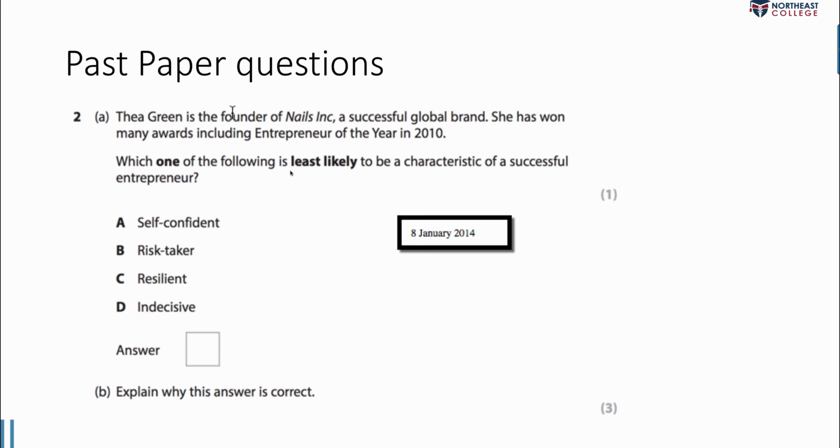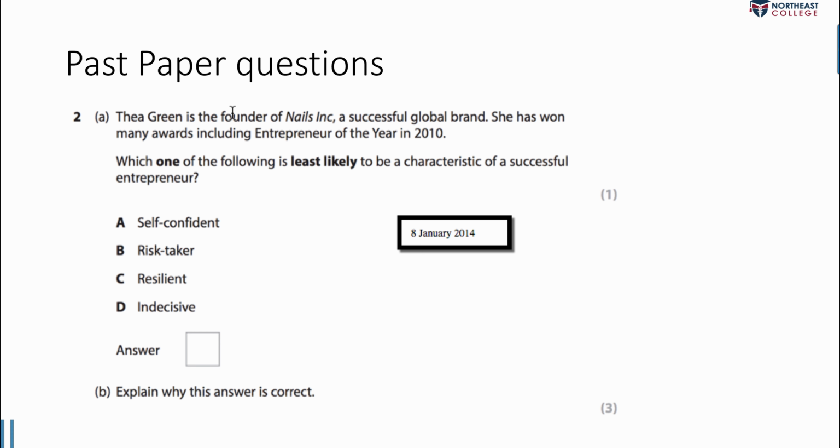Which one of the following is least likely to be a characteristic of a successful entrepreneur? Remember, it's saying least, all right? Least likely, so that means it is not a characteristic of a successful entrepreneur. We know that self-confidence is one good characteristic of an entrepreneur. We know that from our previous video.